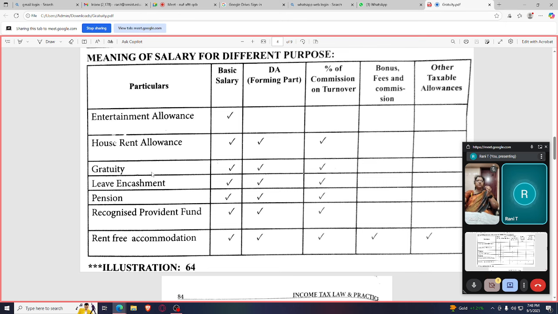So for gratuity, it is basic salary, DA forming part, and percentage of commission on turnover. Next, for pension also, while calculating the salary, we include basic salary, DA when it is forming part, and percentage of commission on turnover.